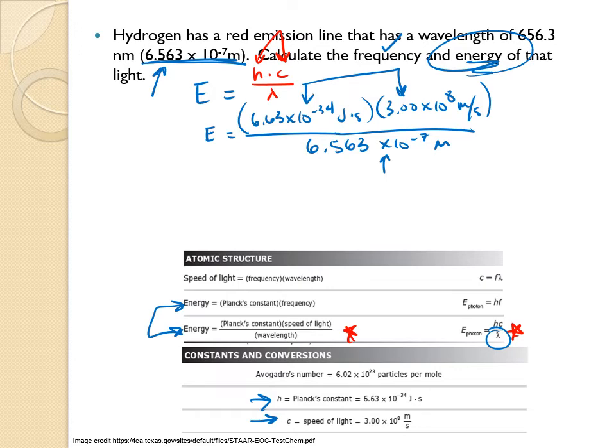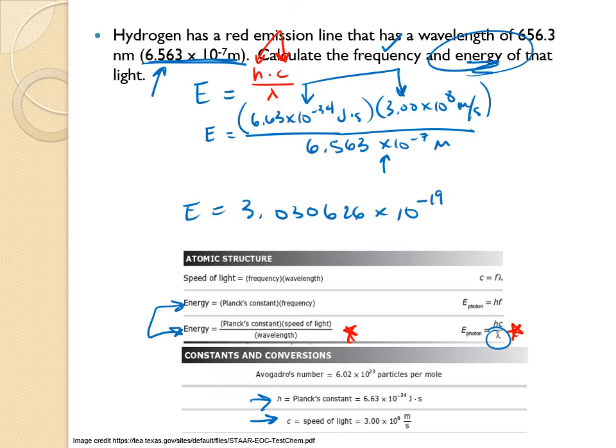All right, so calculator turned on. 6.63 times 10 to the negative 34 times 3.00 times 10 to the 8th divided by 6.563 times 10 to the negative 7 is going to give us a grand total of energy equals 3.03066, lots of digits, times 10 to the negative 19.